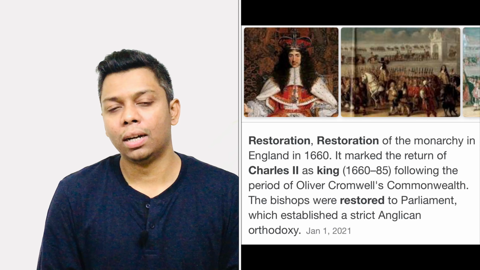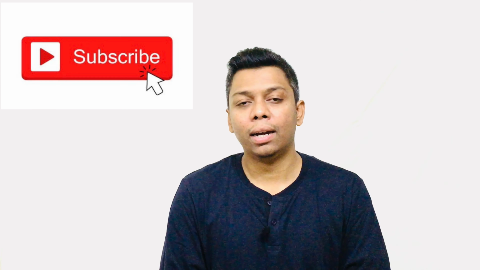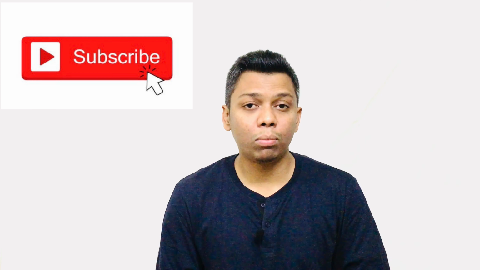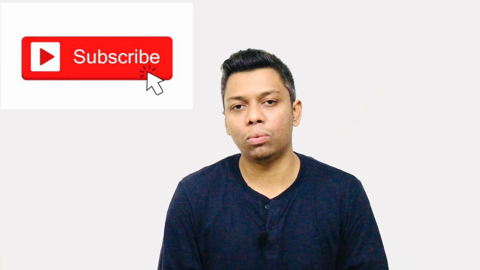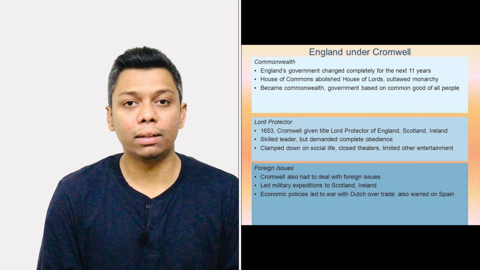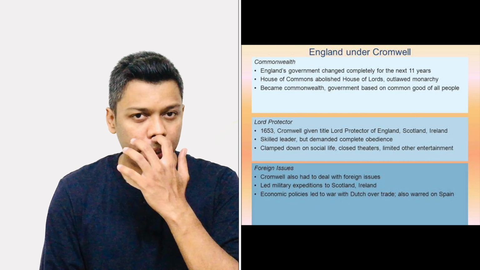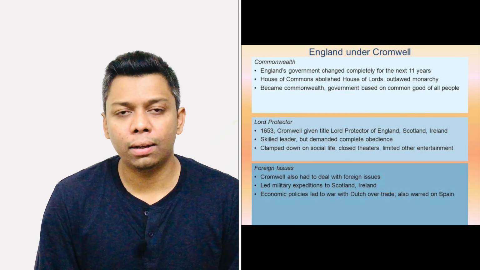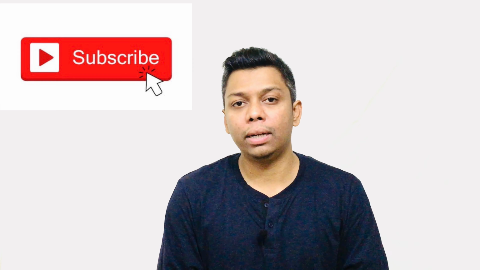This was a brief idea about what happened socially and politically in these 11 years. One more important point about the social background is that Oliver Cromwell banned the theatres in his time, roughly from 1649 or 1650 till 1660, but only one thing he allowed, that is opera.